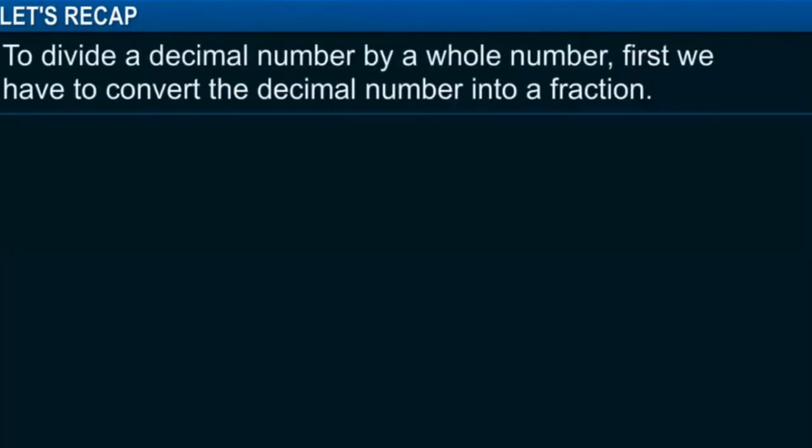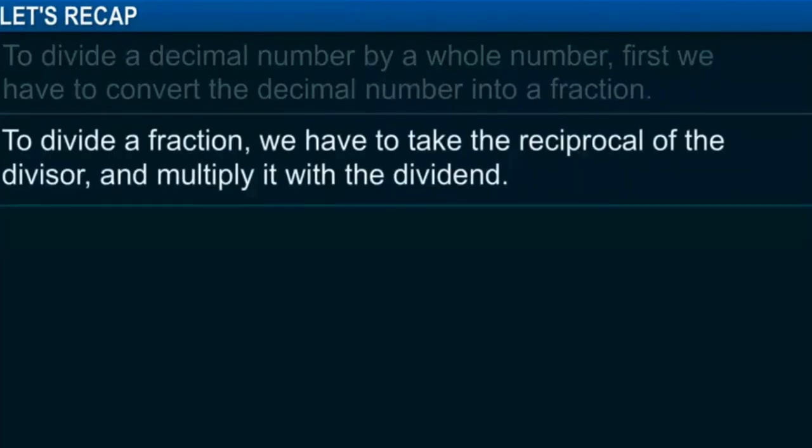In this module, you learnt that to divide a decimal number by a whole number, first we have to convert the decimal number into a fraction. To divide a fraction, we have to take the reciprocal of the divisor and multiply it with the dividend.